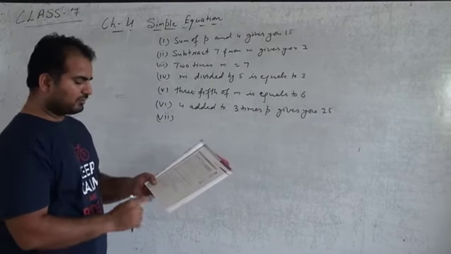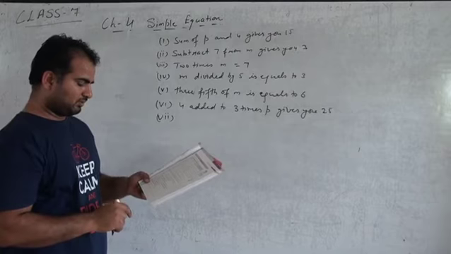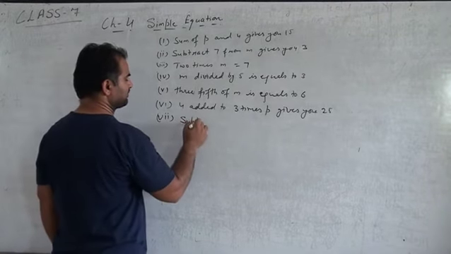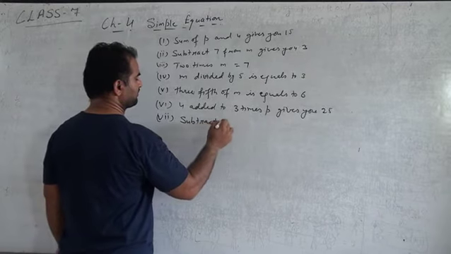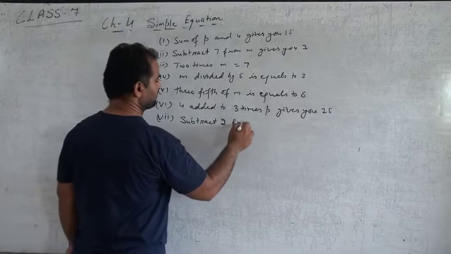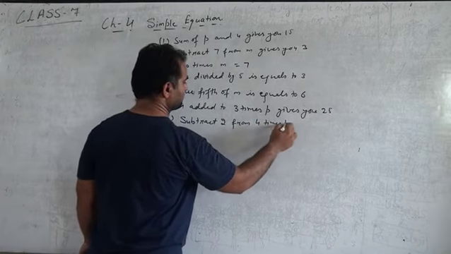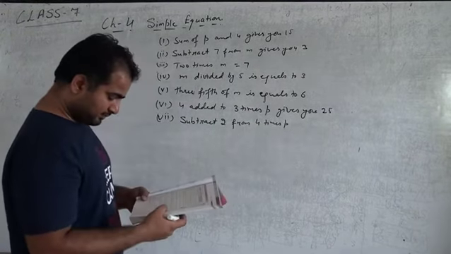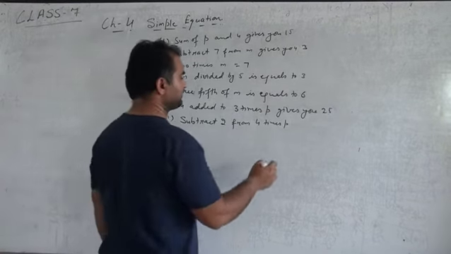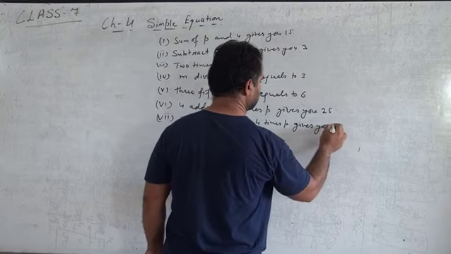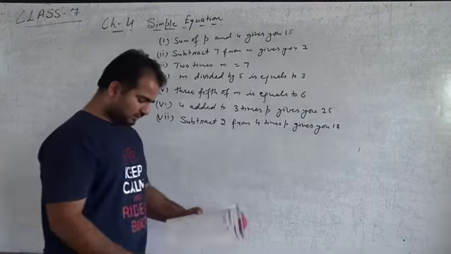Next is 7. What we have to do is subtract 2 from 4 times p gives you 18.